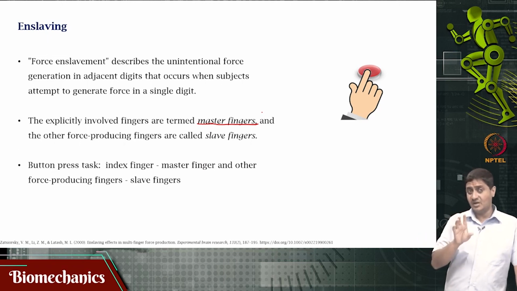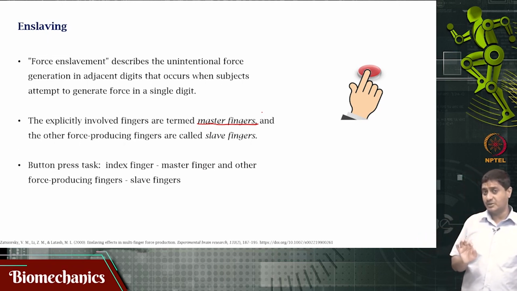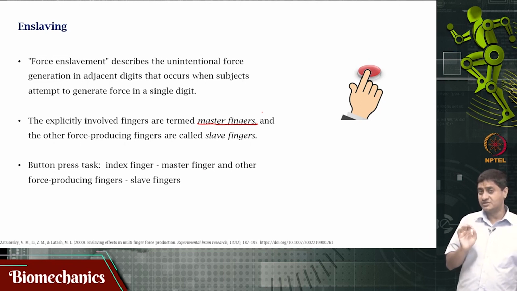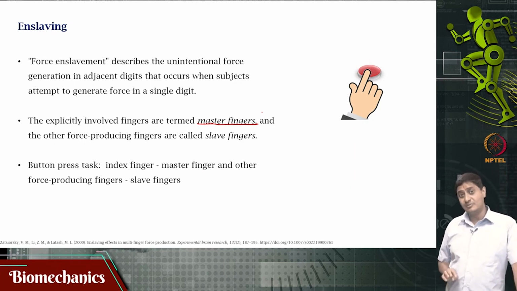By the way, in all these experiments, it is absolutely crucial to measure the forces produced by all the four fingers. You measure all the four finger forces, but the instruction is only for the master finger, not necessarily index. Whatever is or are the master combinations, right? You measure everything.